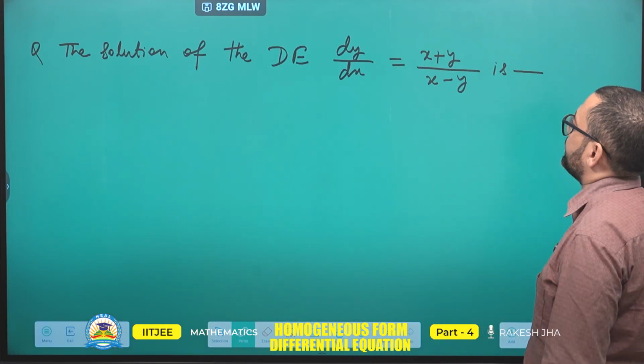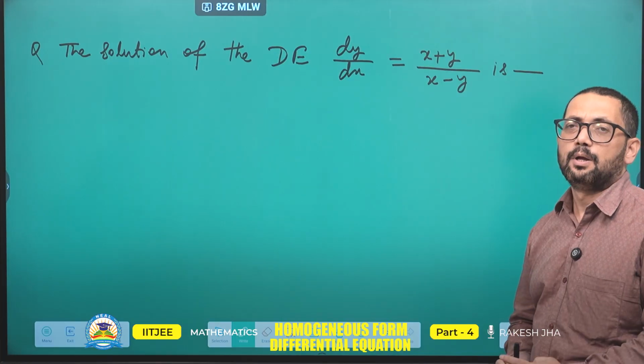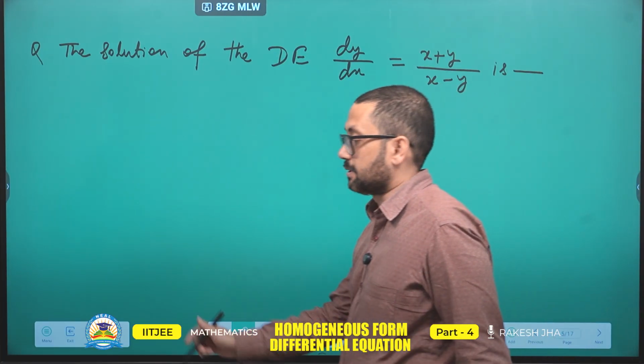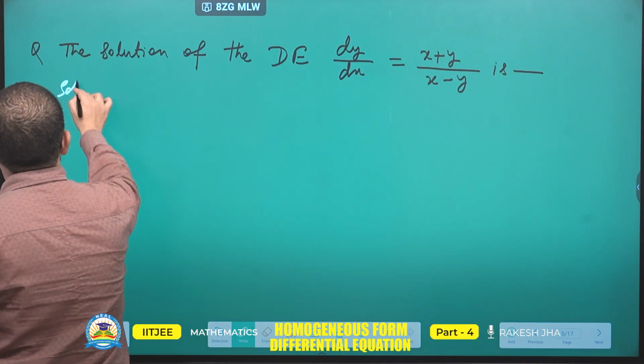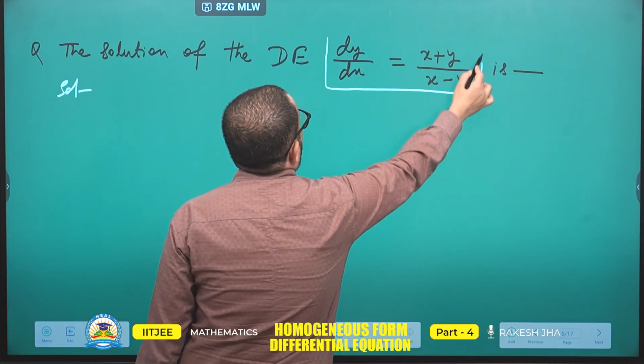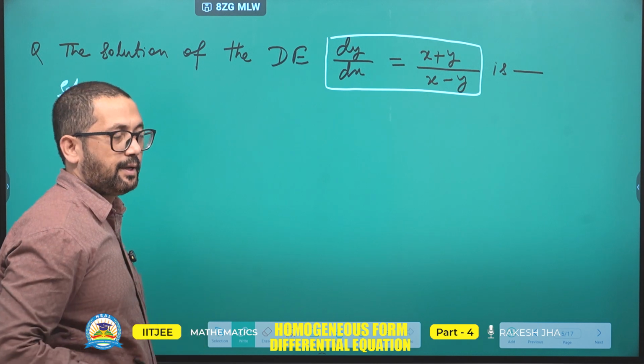Now moving to the next part, here is one more homogeneous based differential equation. So let's solve this. Here we are given dy by dx is equal to (x plus y) upon (x minus y).